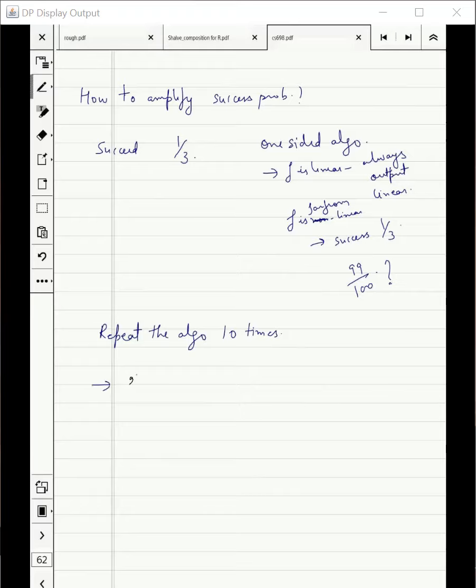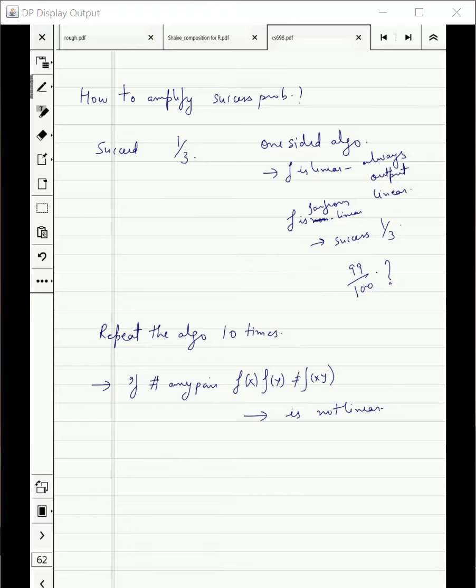So if there exists any pair out of 10 for which f(x) times f(y) is not equal to f(x+y), then I know that the function is not linear. Another way to say it is, if any time my function says far from linear, then I'm 100% sure that the function is far from linear. Another way, if f is linear, then my algo will always output linear.